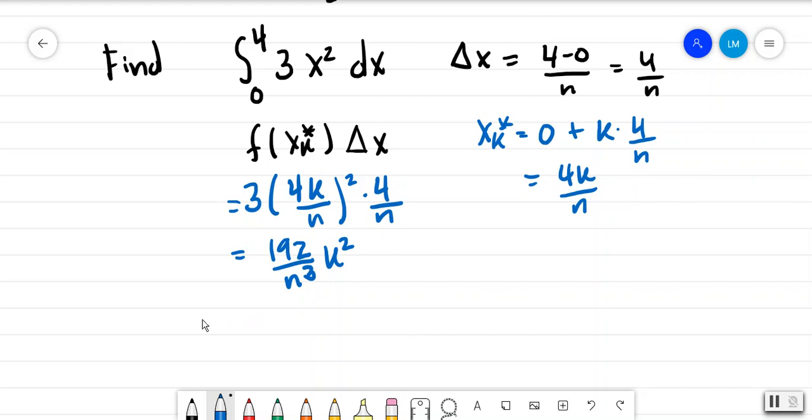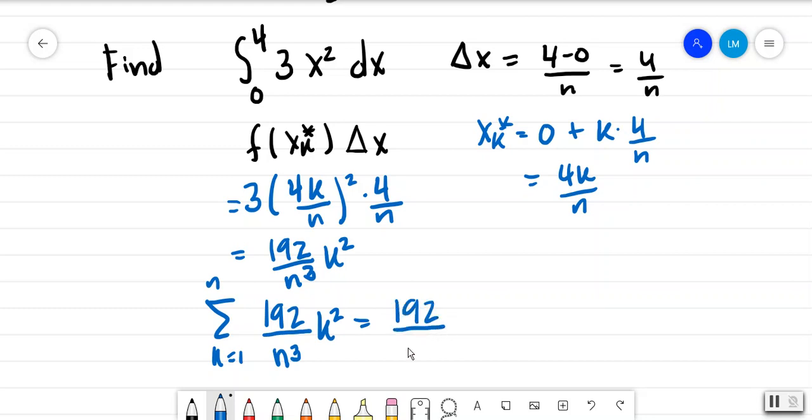Okay, so what we're going to do is we're just going to say that we have the summation from k equals 1 to n of, okay, so we went ahead and multiplied through, and we said 192 over n cubed, and then this is k squared. Now, what this is going to give me is 192 over n cubed, and then we have the summation of k squared from k equals 1 to n.